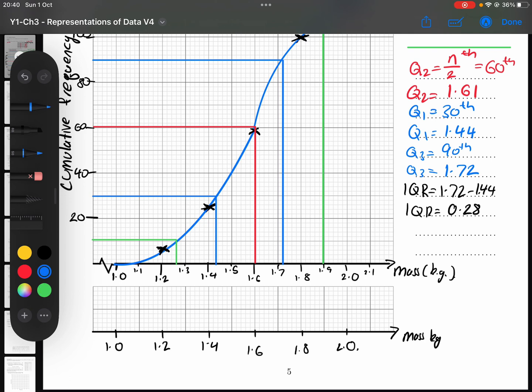I can plot our minimum value, that lower bound of 1.0, our max value of 2.2, and then the lower quartile here, extending this line down, and in a similar way, the upper quartile, and indeed the median.